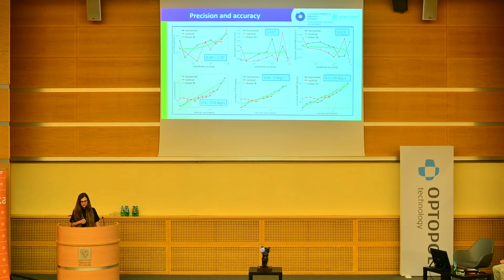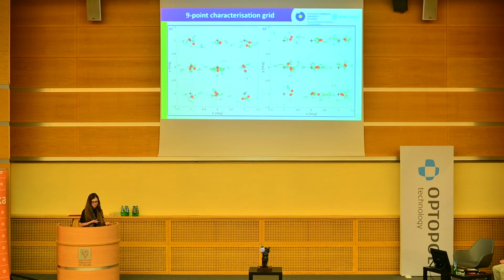Okay, but in clinical practice we don't use an artificial eye, so the next step was to use a real eye. We made an experiment which was very similar to the calibration procedures used in VOG-based eye trackers. So we made saccade experiments.